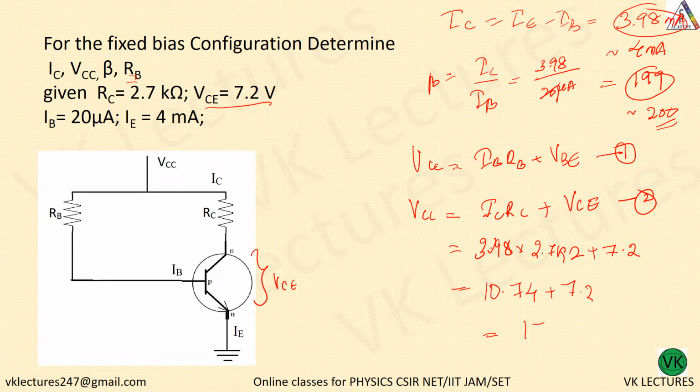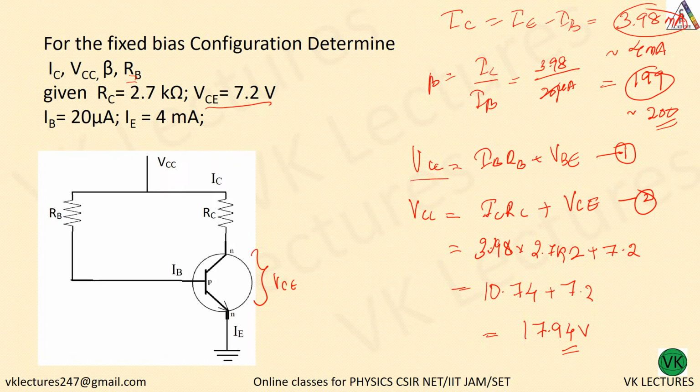So this is 17.94 volt. Okay. If you would have taken 4 milliampere current instead of 3.98, this would be around 18 volt. Okay. Now leave that. So we got VCC.